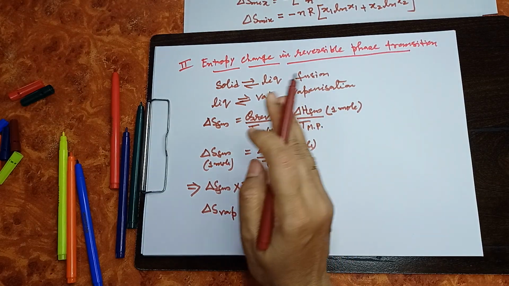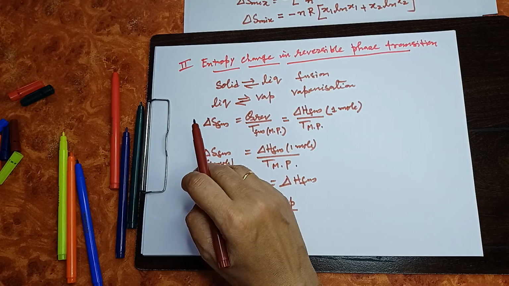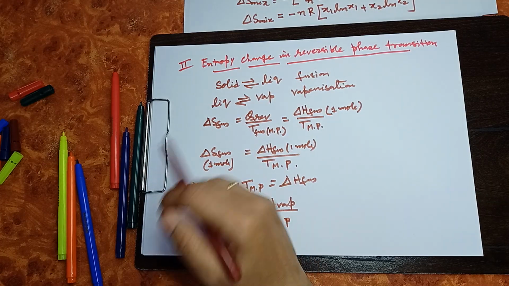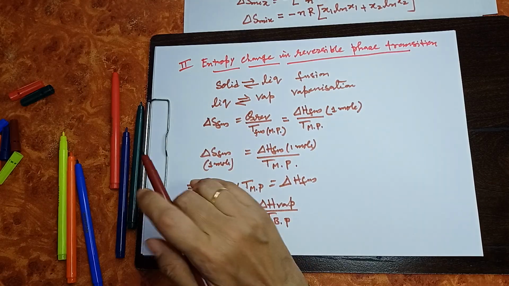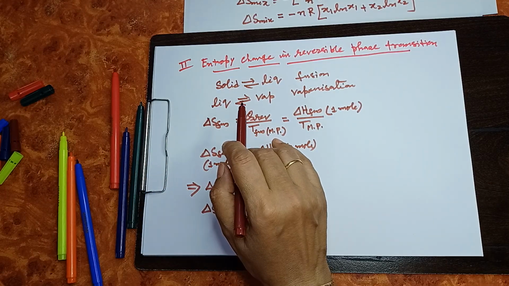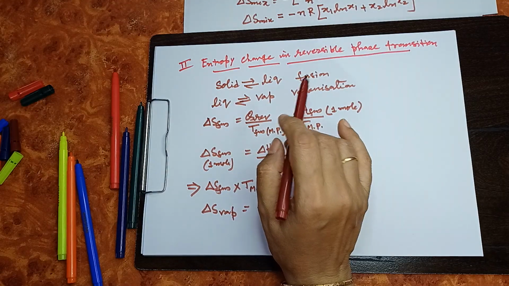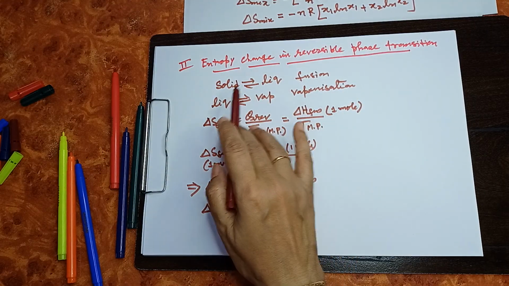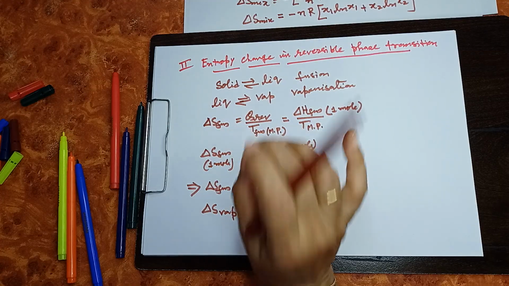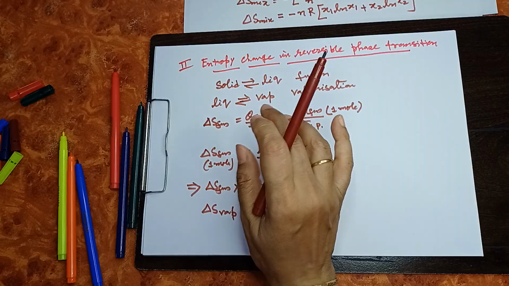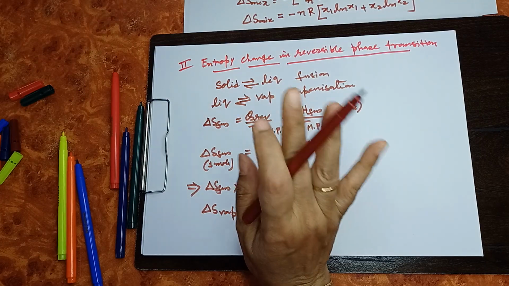That means entropy decreases during freezing or condensation, and increases during fusion or vaporization. So this is all about the entropy change in reversible phase transition, which is the change of physical state, and it is reversible because at that particular temperature, melting point or boiling point, two phases are in equilibrium.